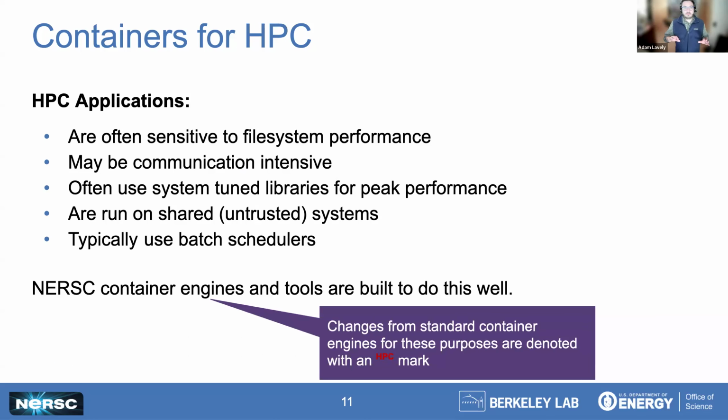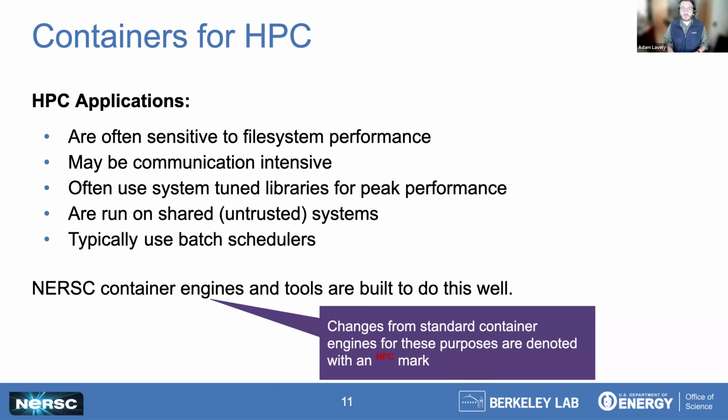Okay, so when we talk about containers, there are containers that do a whole bunch of different things. Some of those things are in HPC, but a lot of those are not. And so we have built our container runtimes here and tried to optimize these for the different things that are important for HPC. So in HPC, we often are very sensitive to file system performance.